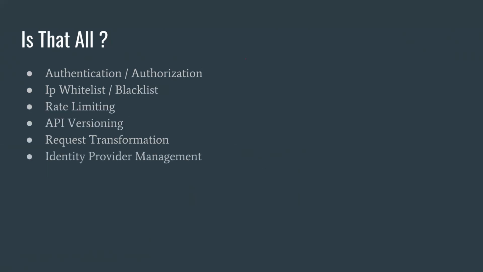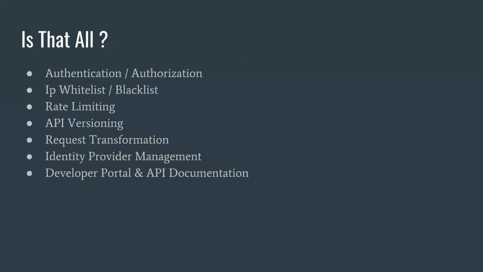Identity provider management may also be needed within your API system. Until now, we have talked about the APIs and the API owners, but what about the developers? You have lots of services, but maybe there is no documentation.